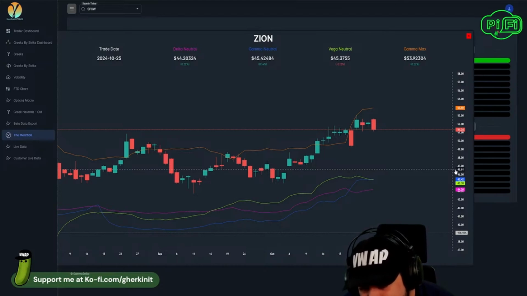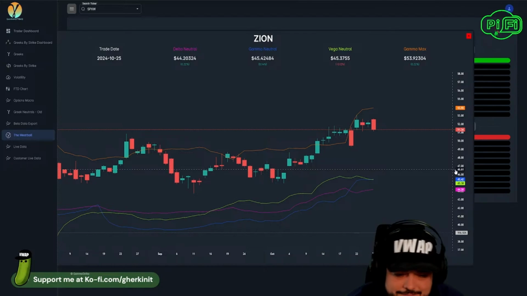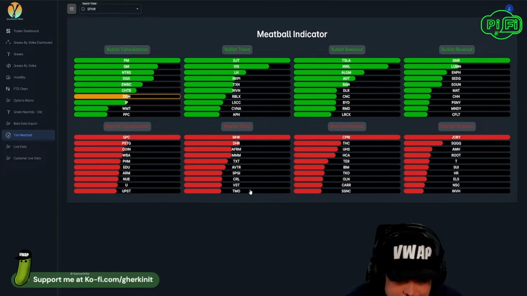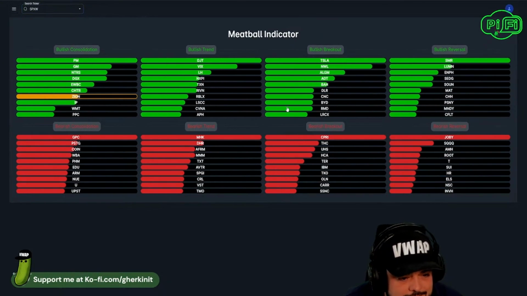They'll tend to be more memey, so they'll have larger moves and they'll show up in this indicator. So you can see Carvana's in there, DJT's in there. What else is a meme stock now? UPS was in here. AFRM's kind of a meme. Coin is in there. I don't see MSTR, which is interesting. I would have expected to see it somewhere.